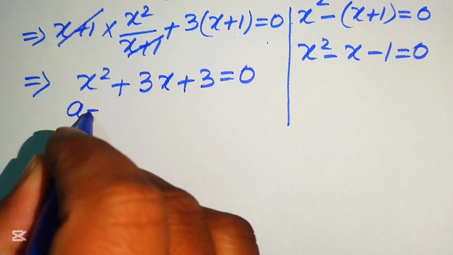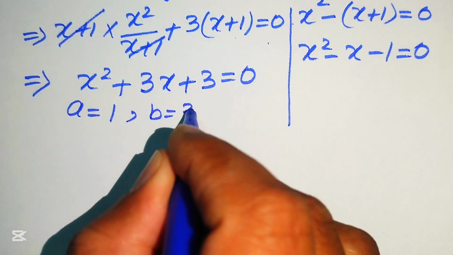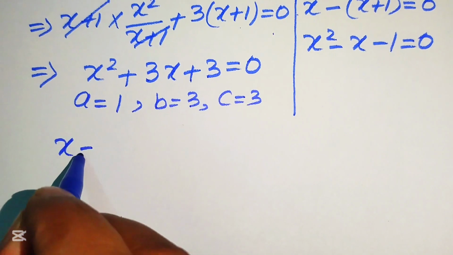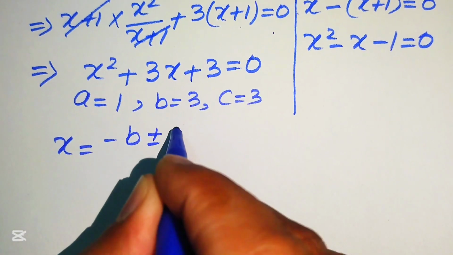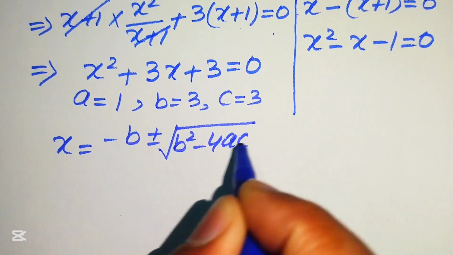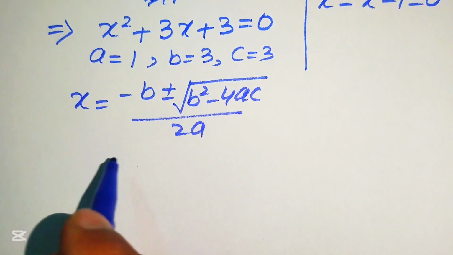So now we write the coefficients of this equation: a equals to 1, b equals to 3 and c equals to 3. And the quadratic formula is stated as minus b plus minus square root of b square minus 4 times ac, divided by 2 times a. So we substitute these values here.